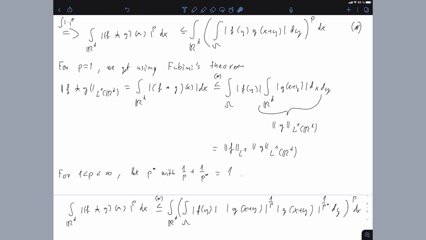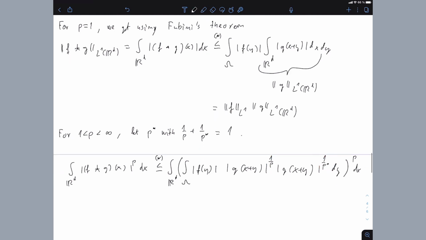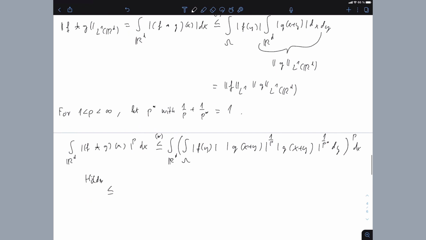Yeah, so this is just g to the 1 that we have here, and I split this in g to the 1 over p and 1 over p star. Since they're adding to 1, it's the same. But now, having it split like that allows me to apply Hölder's inequality, just inside, on this inner integral.